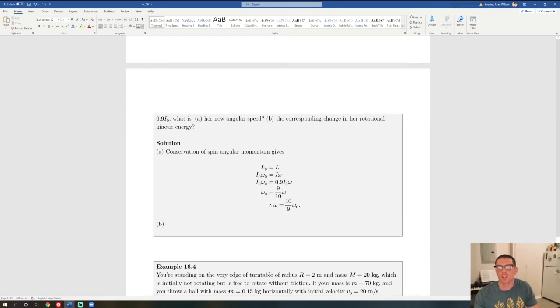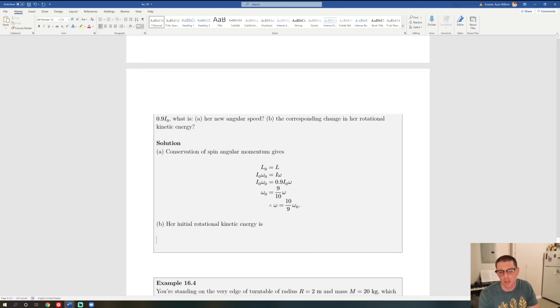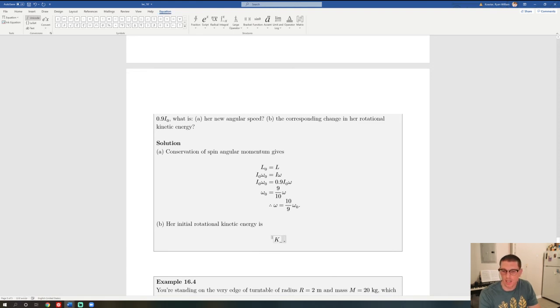So this is just for a little bit more practice with rotational kinetic energy, but let's figure out what her change in rotational kinetic energy is. So her initial rotational kinetic energy is, we'll say K naught. I'm not going to write an R subscript because I don't want to get bogged down with subscripts, and we're sort of imagining that she remains in place, right? Her center of mass is not moving as this happens.